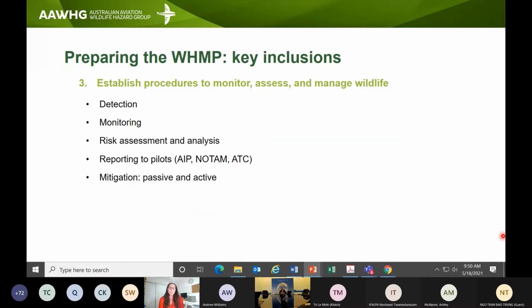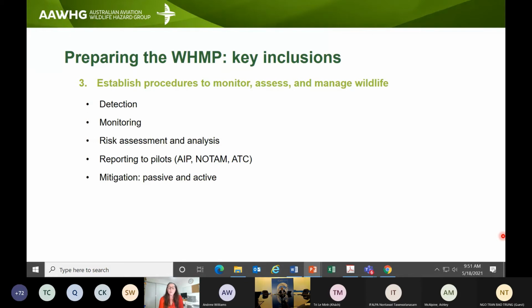Australian airports also have to include in their WHMPs a series of procedures that monitor and assess and manage their wildlife, and the regulation requires airports to have these procedures relating to how they detect hazards, how they monitor those hazards, how they assess their risk and analyse their risk assessment results, but also procedures relating to how they communicate hazards to pilots, whether that is through the aeronautical information package, through NOTAMs, direct communication with air traffic control, or whatever other means of communicating hazards that particular airport has in place.